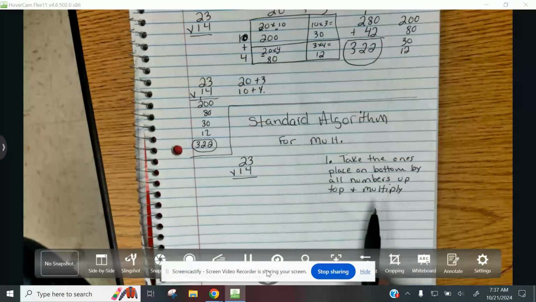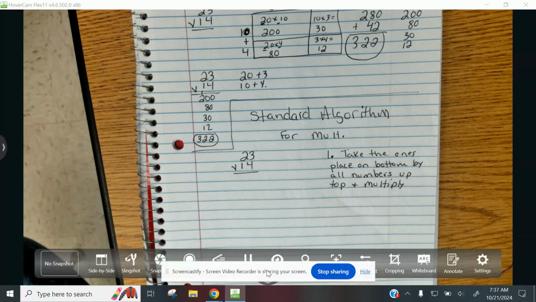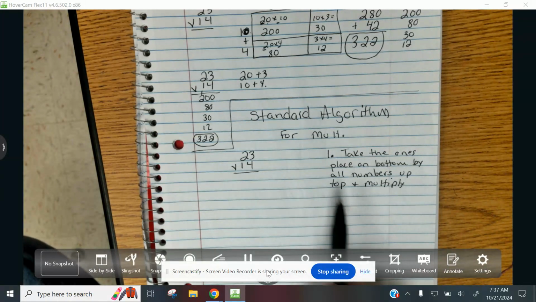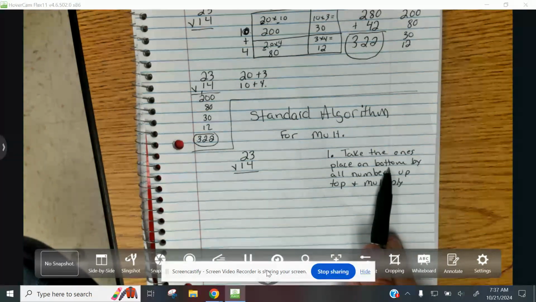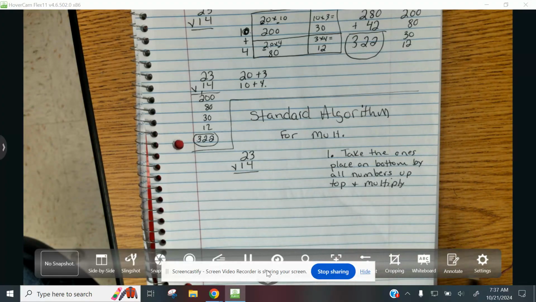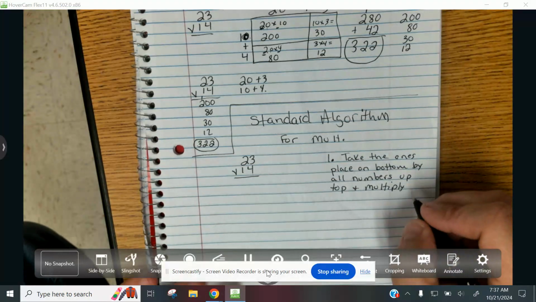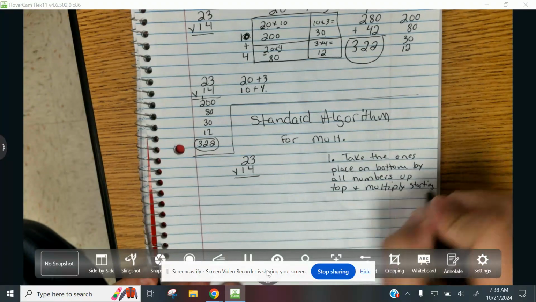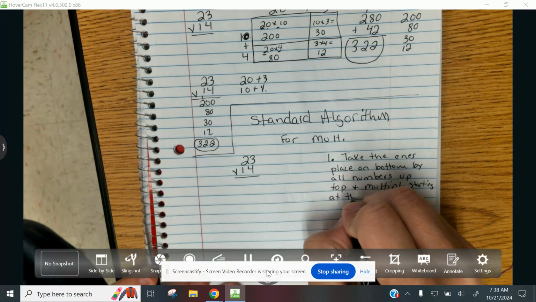Again, that's called distribute. Okay, so again, if you need to pause me to finish writing that, pause me, but I'm going to try not to make the video super long. Okay, so take the ones place on bottom by all numbers up top and multiply. So we're going to say starting, we don't want to forget this part, starting at the back.